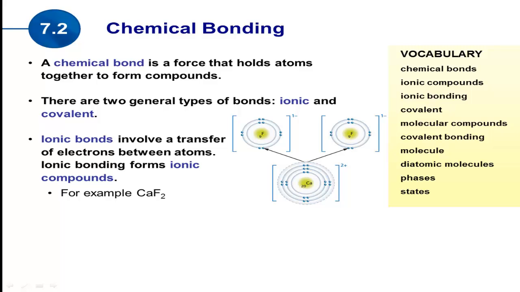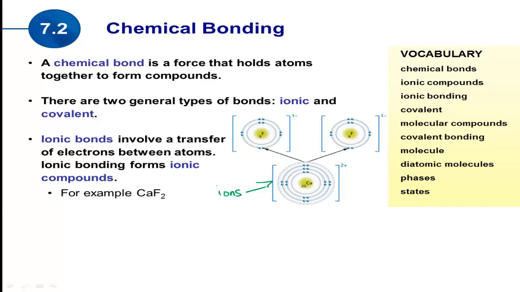So what that would look like in terms of an actual diagram, and you know what, you're going to have to be able to draw stuff like that. You show the fact that calcium is giving up its 2 electrons in its outer shell to become a 2+ ion. Now these square brackets, anytime you draw ions as part of Bohr diagrams, make sure you put in the square brackets and then the charge to the right.